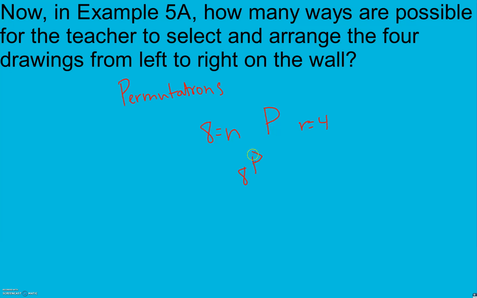So 8P4. 8 NPR key 4 gives me 1680. Again, we could have used our formula for permutations, which would have been 8 factorial over 8 minus 4 factorial, and gotten to the same place.